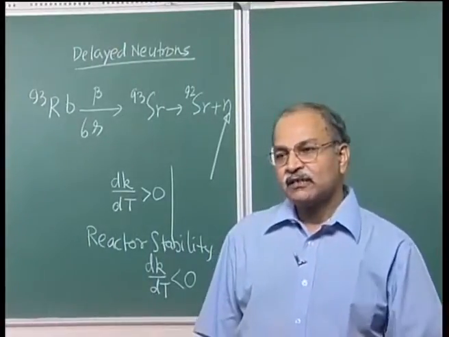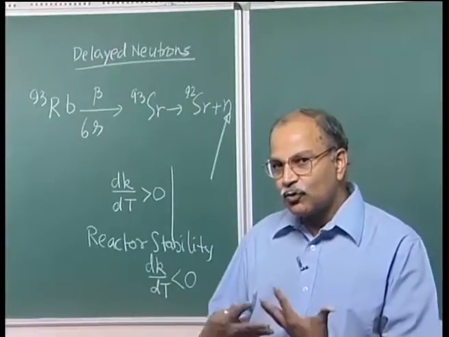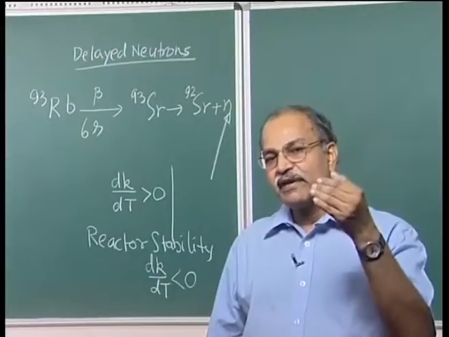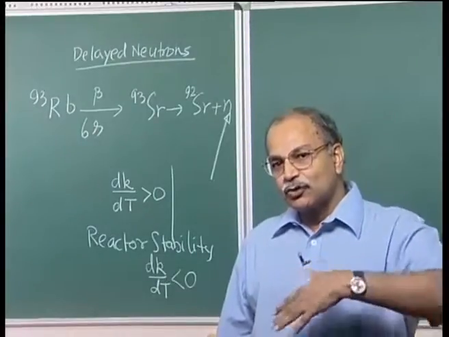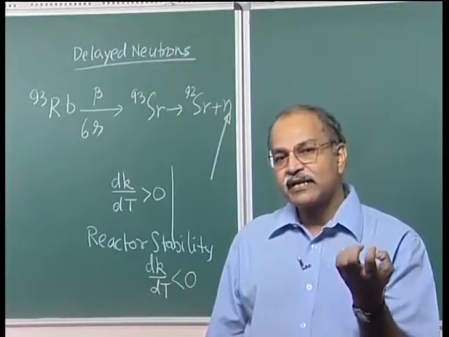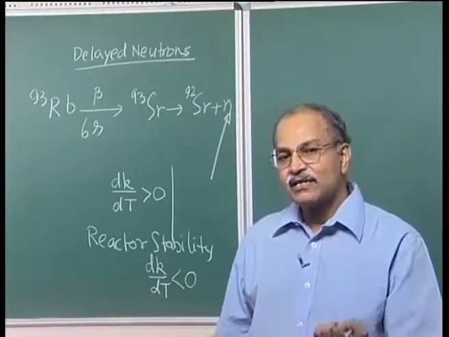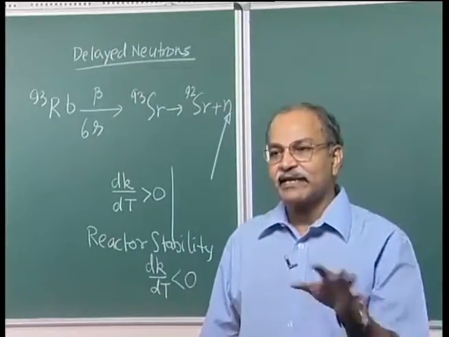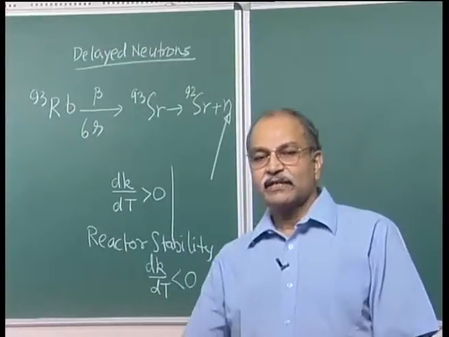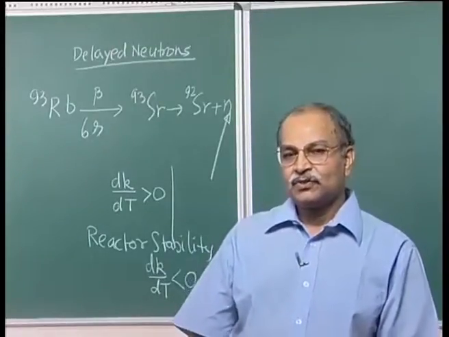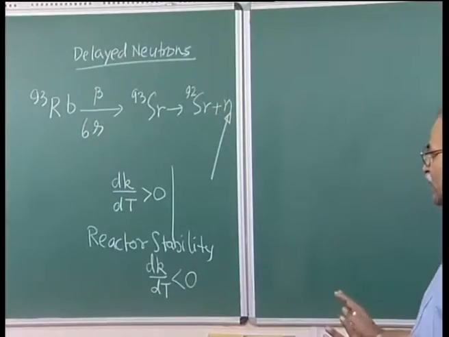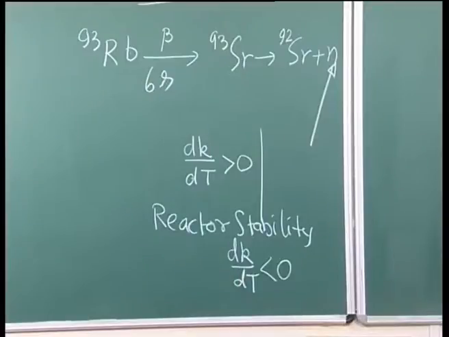In that case, if the temperature goes up because of some factors, the value of k decreases. So, the neutron multiplication is not that high and the rate of reaction will decrease, and that will be some kind of self correction. If the temperature has increased, the rate of reaction decreases and the temperature also goes down. So, for reactor stability, this dk/dT should be less than 0.